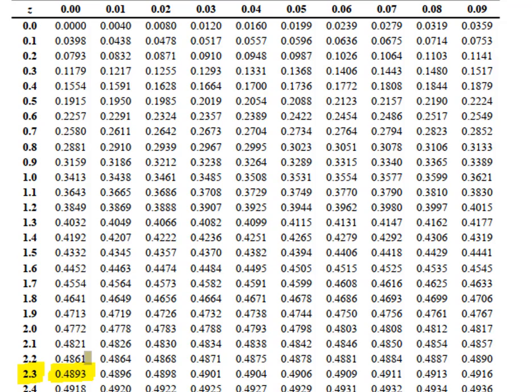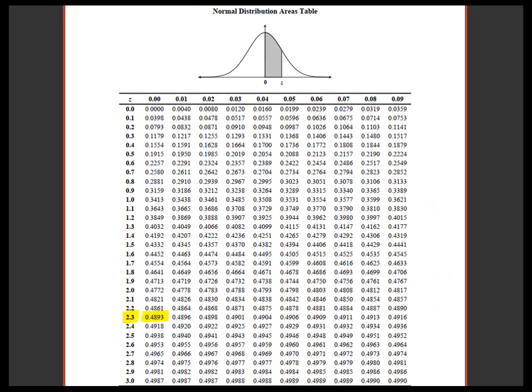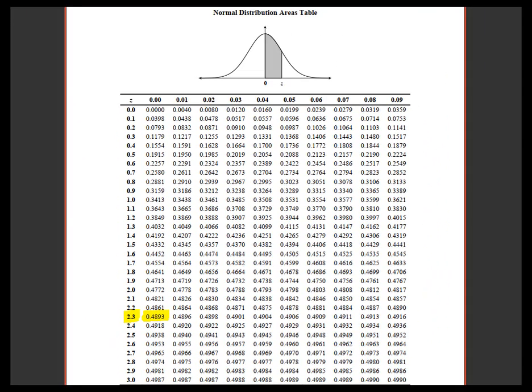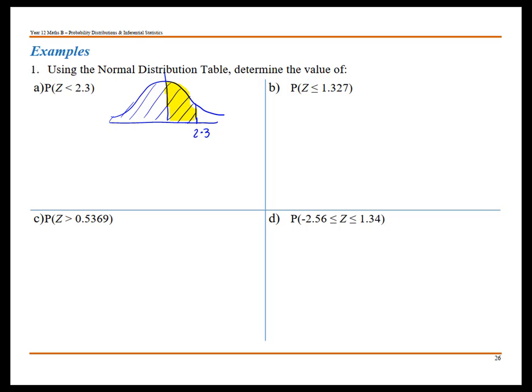So that's 0.4893. Okay, but we need to add this side as well, and that represents 0.5 because we've got 50% to the left and 50% to the right.